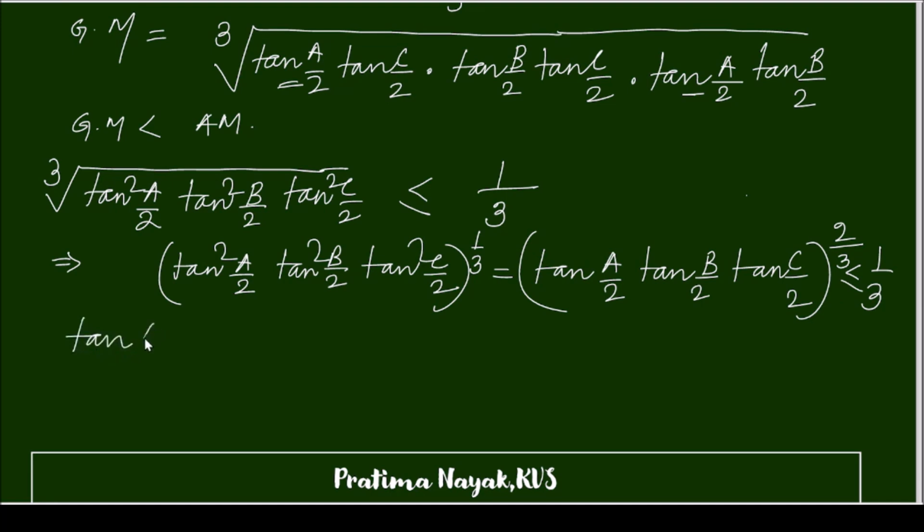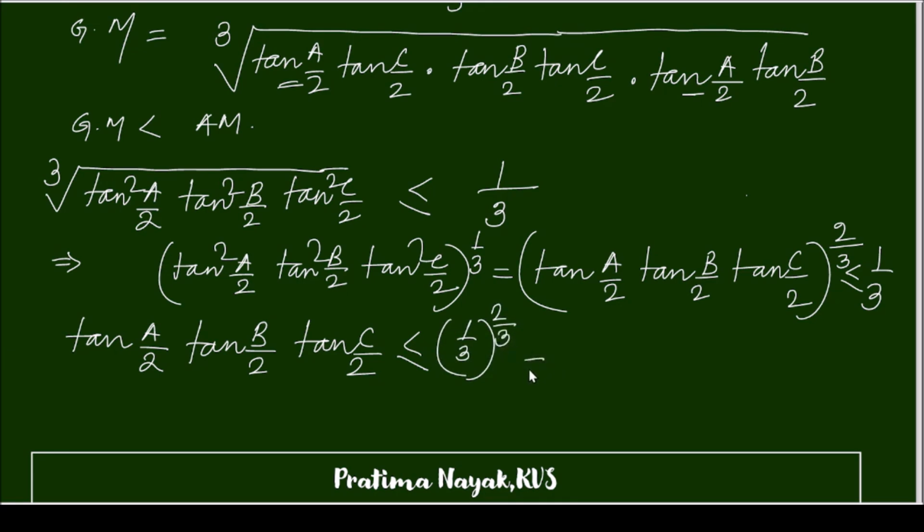So tan A by 2 tan B by 2 tan C by 2 is less than or equal to 1 by 3 to the power 3 by 2. It will not be 2 by 3, by mistake I have written that; it will be 3 by 2, then only it will be simplified.